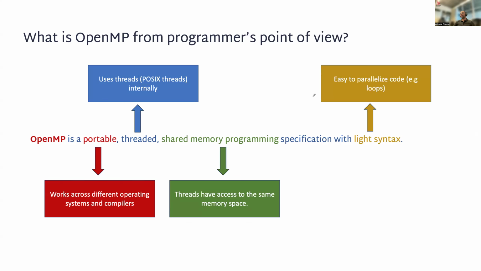It abstracts away a lot of the complexities of working with thread libraries like Pthreads, and it provides a very neat syntax for you to parallelize your code, especially when you want to parallelize your for loops.